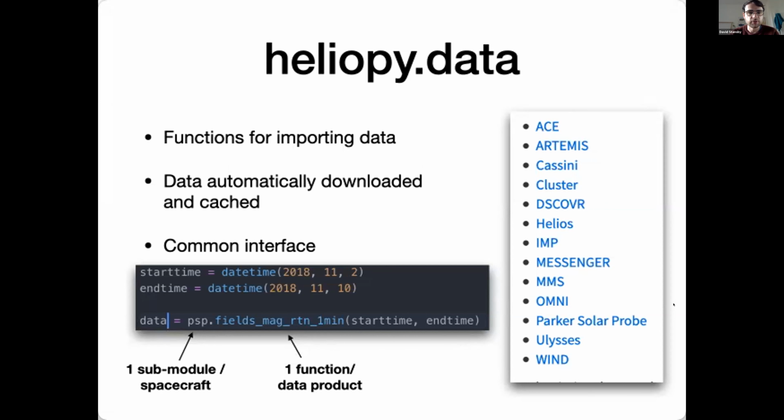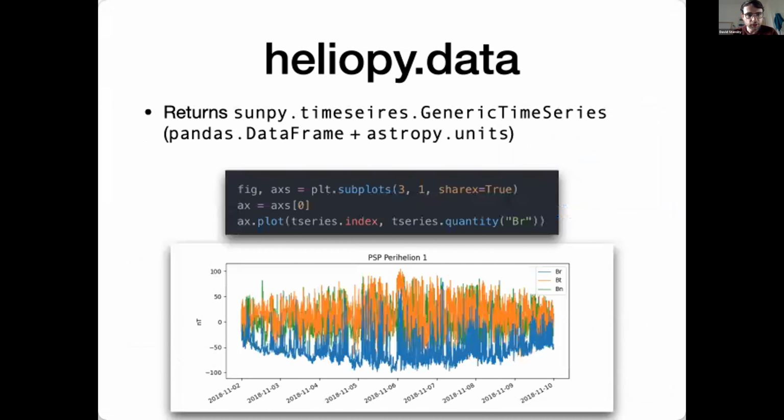As you can see, quite a few different instruments are supported at the moment, to various levels in terms of the data products available. It always returns a SunPy time series, or generic time series is the specific name, which is essentially a wrapper around a Pandas DataFrame and AstroPy units.